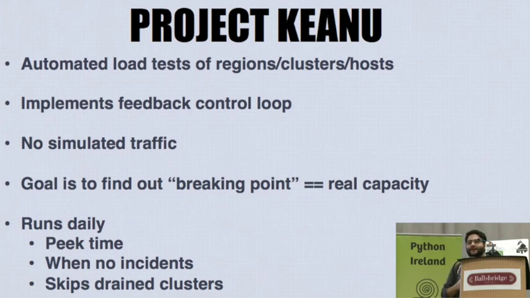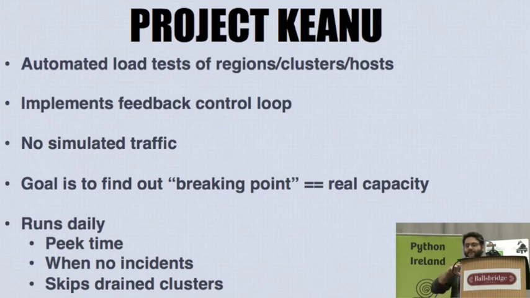Because only by doing that can you find the real capacity of that bunch of machines. We do that by changing the ratio on the global load balancers to push live traffic on each one of those entities. There is a feedback control loop that looks at some predefined metrics like I/O and CPU, so system level metrics, but also application level metrics.